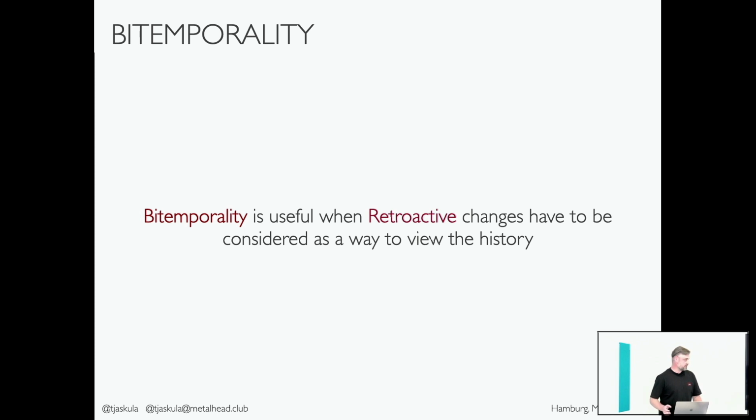Retroactive changes can also be an issue when you are taking care of actions that are based on past state. If we change state retroactively, we need to consider what should have been done but wasn't, and there are different use cases that I will talk about shortly.